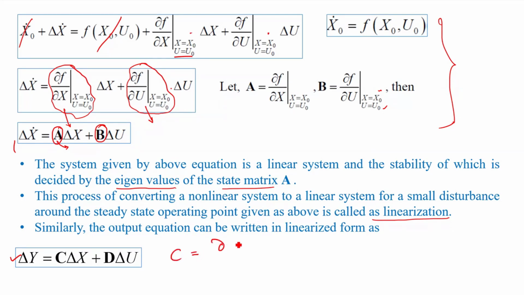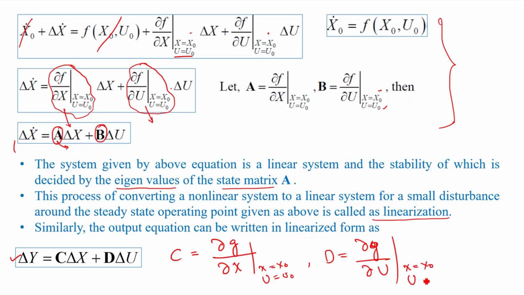If the output is a function g, then C is delta g by delta x at x equal to xo, u equal to uo, and D is equal to delta g by delta u at x equal to xo and u equal to uo, right? So this is how we can find the output equation also in linearized form.